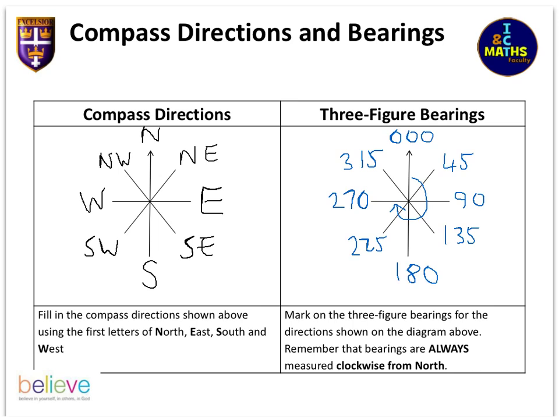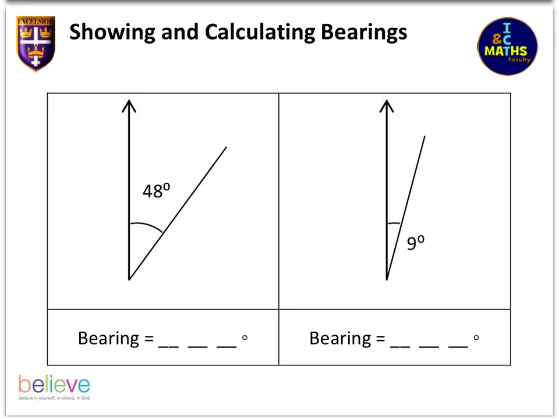What's really important though about 3-figure bearings is some of the ones I've written there wouldn't get me the marks in the exam. It has to be 045 and 090. Your 3-figure bearings always have to have 3 digits when you write them.